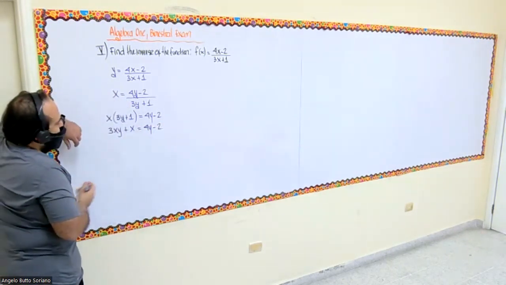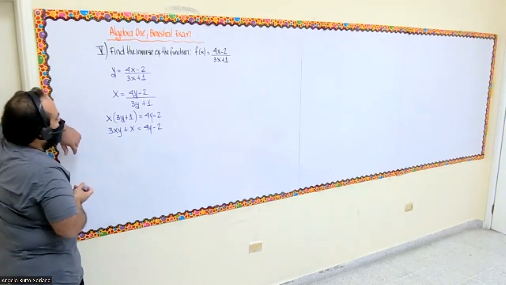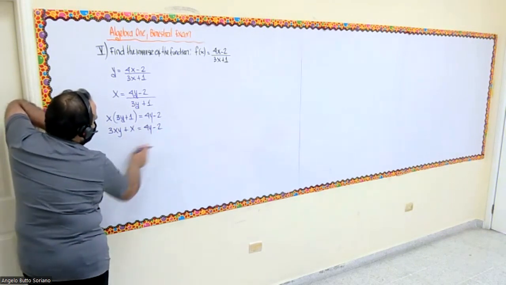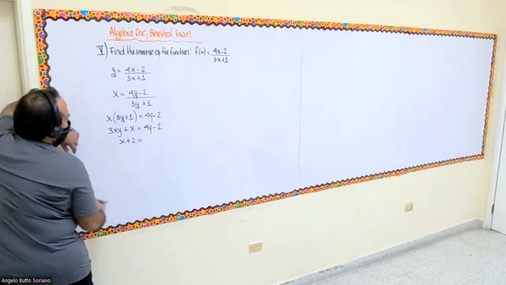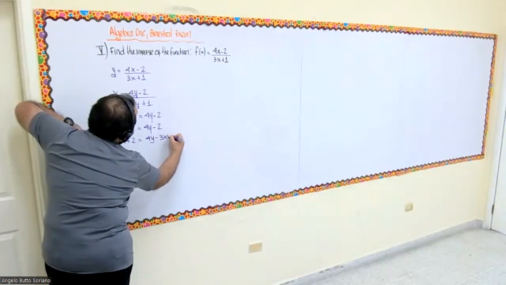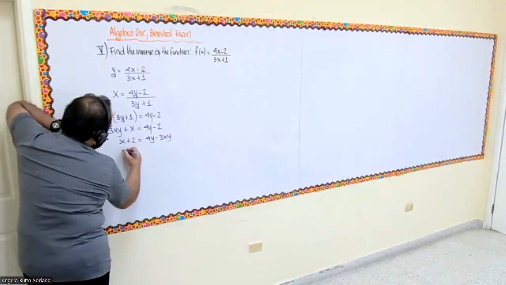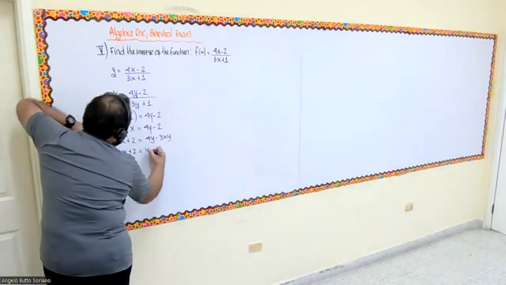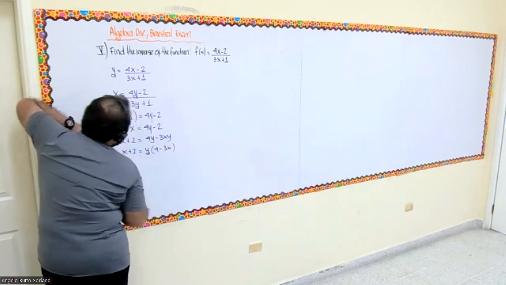We can arrange the letter y with the y and the numbers with the numbers. I mean, these negatives adding pass to subtracting, subtracting passes to adding. We have x plus 2 equals 4y minus 3xy. Okay? Now we can take the common factor. The common factor between these two terms will be y. And we have (4 minus 3x).